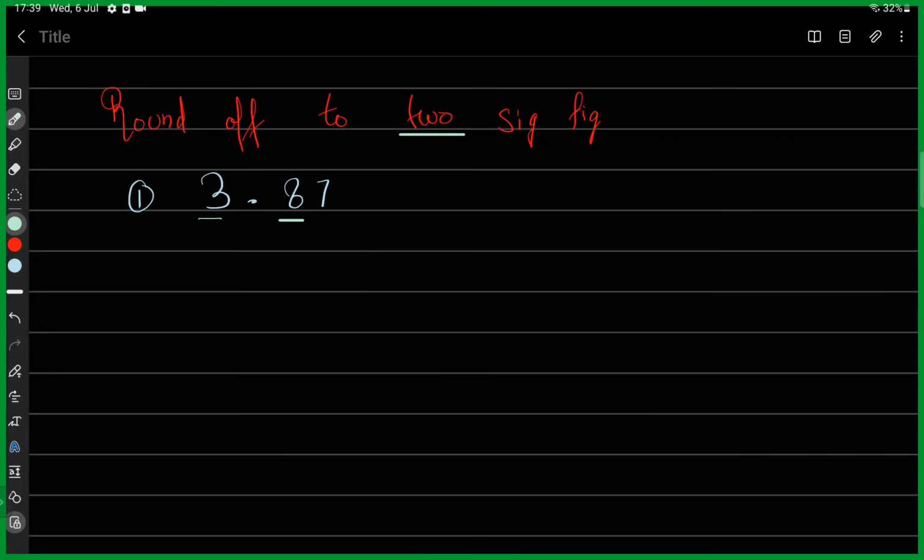We would be having some exceptions here, but most of the time the idea would be the same. Very well done, Umaiza. Now it was two significant figures, so I was focusing on this number. This number was 8. The number after 8 is 7. 7 is greater than 5. So I will add 1 to the previous number and it would become 3.9.